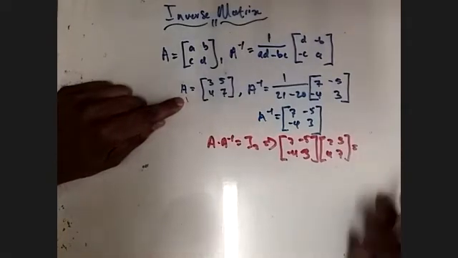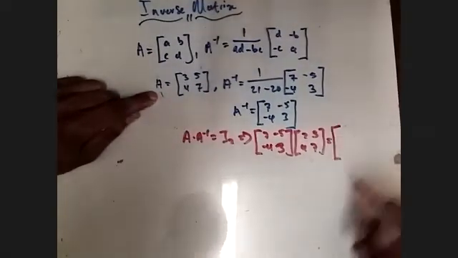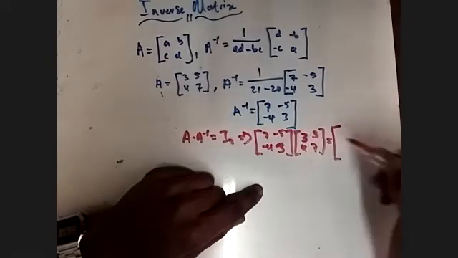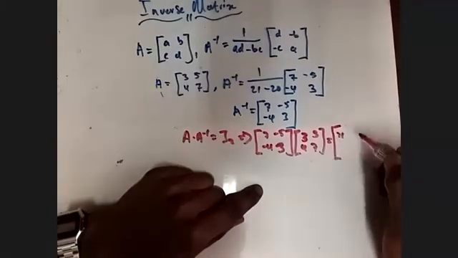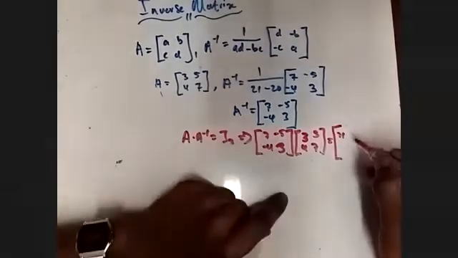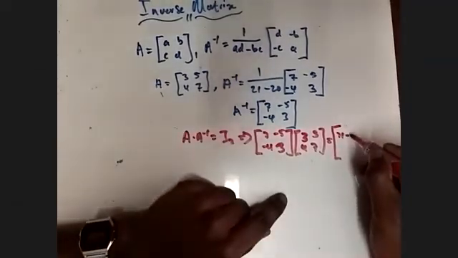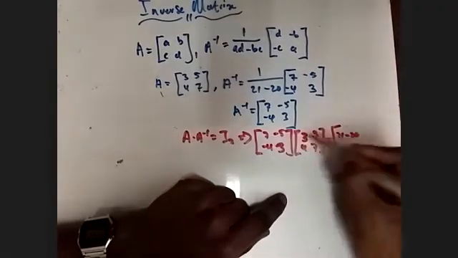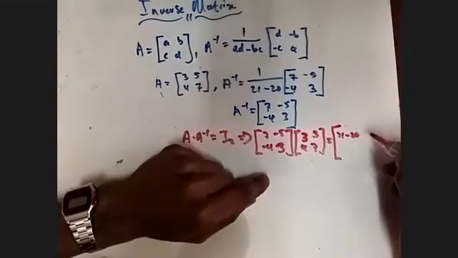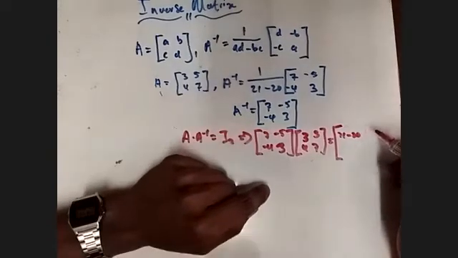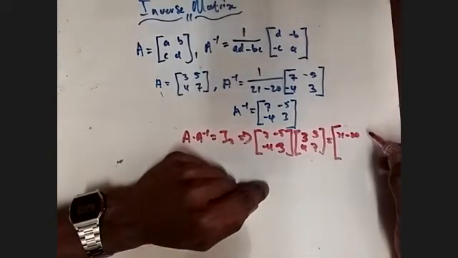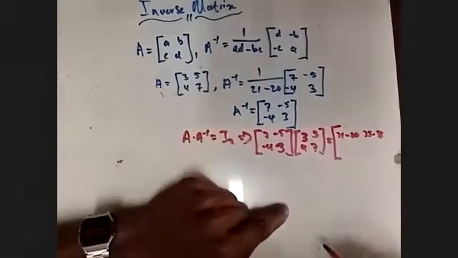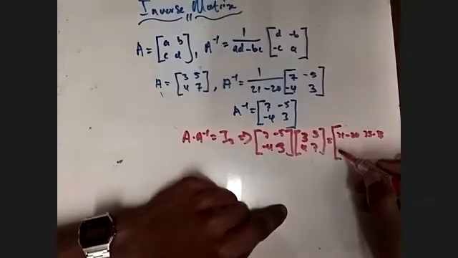So this should give me 7 times 3, which is 21, minus 5 times 4, which is 20. Then for the next entry it's 7 times 5 and 5 times 7, so it's 35 minus 35.